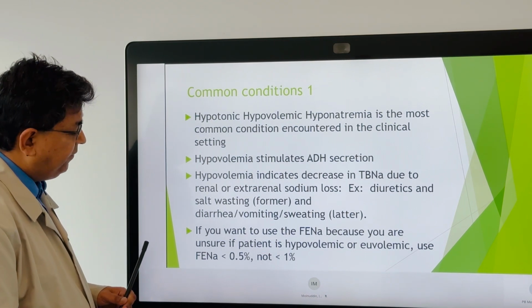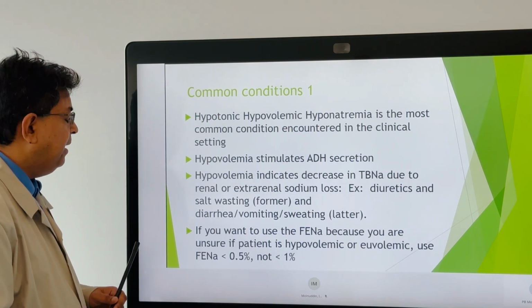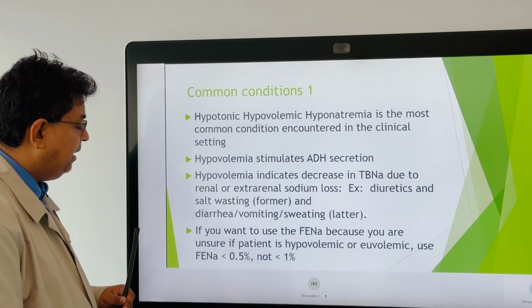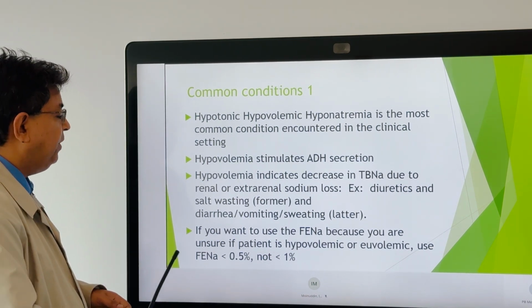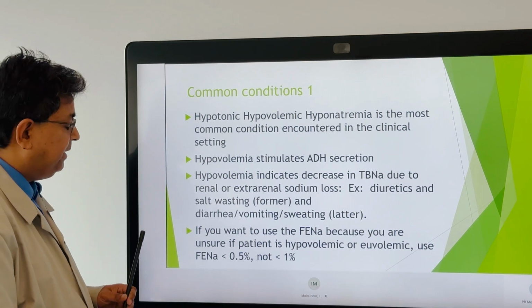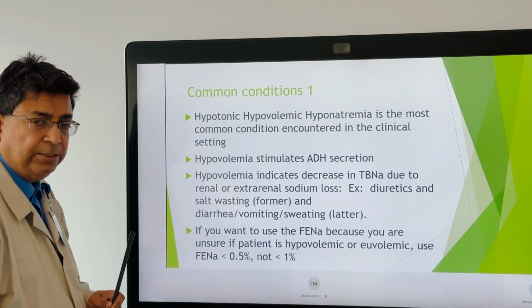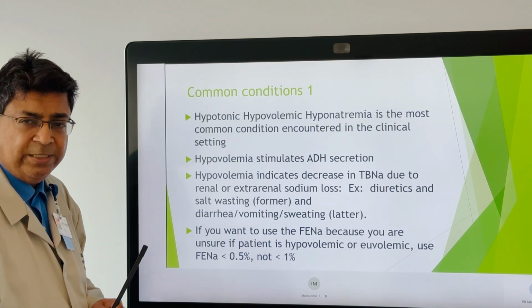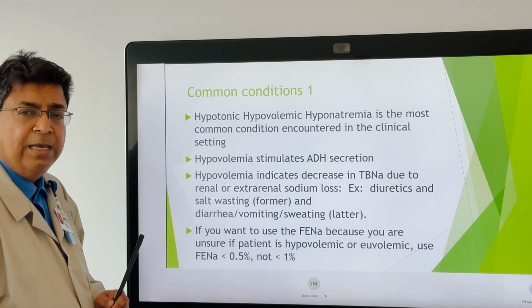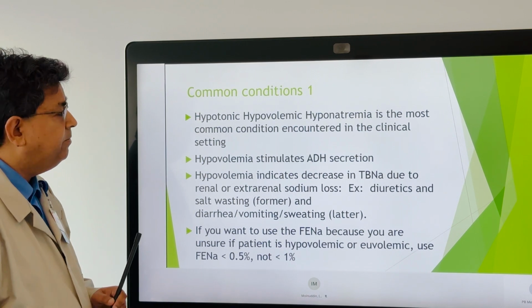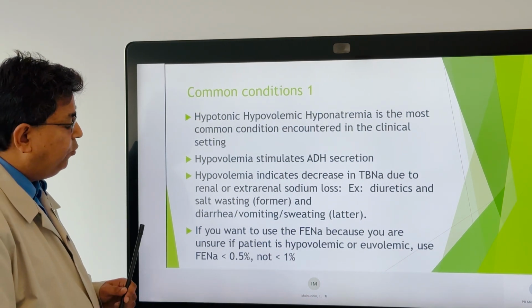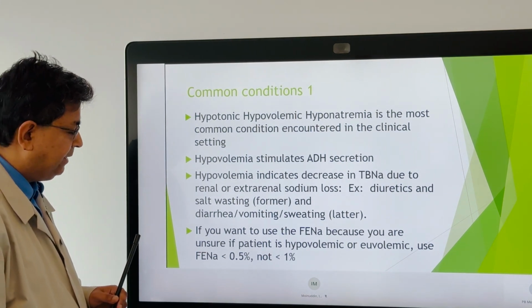If you want to use the fractional excretion of sodium, because you're unsure if the patient is hypovolemic or euvolemic, use fractional excretion of sodium less than 0.5%, not less than 1%. Urine sodium in isolation is less informative and may not be appropriate because of urine volume and muscle mass.